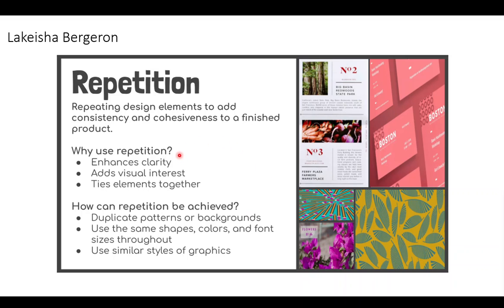That repetition, we enhance clarity, it has visual interest, and it can tie elements together. So we want to duplicate patterns or backgrounds, use same shapes, colors, fonts, and similar styles of graphics. So especially when you're creating a website, you want to make sure that you're using the same type of fonts across, because that creates a sense of unity.